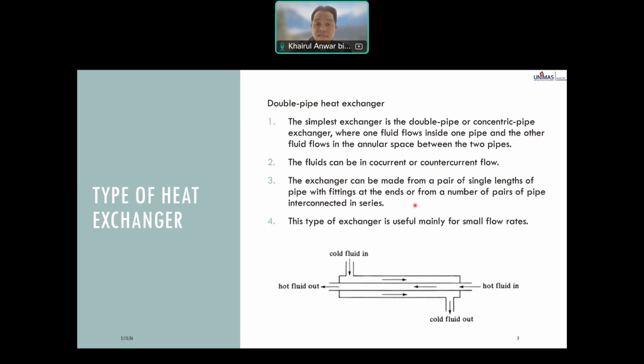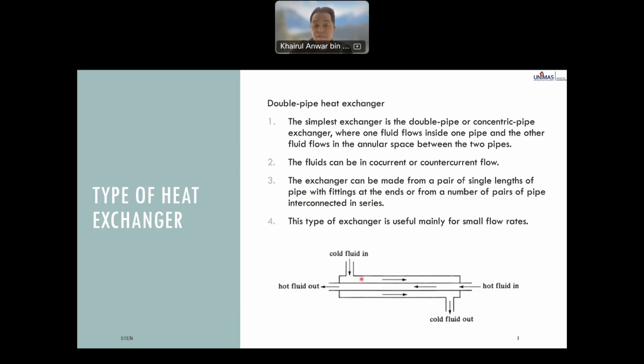The exchanger can be made from a pair of single length of pipe with fittings at the end, or from a number of pairs of pipe interconnected in series. This type of exchanger is useful mainly for small flow rate.